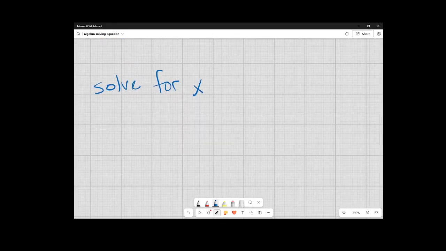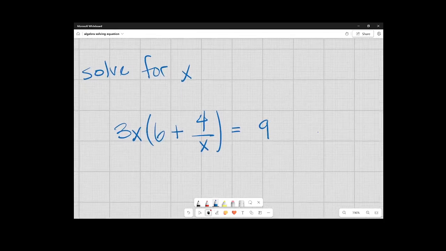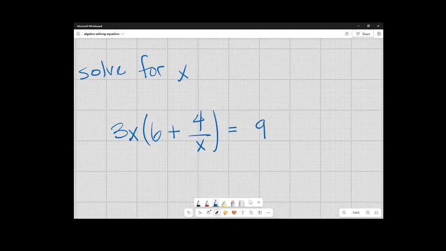And then we will have the equation. So what you're going to want to do is get x by itself, and then you'll get the value for x. So go ahead and work this out, pause the video, and I'm going to start working at it right now.